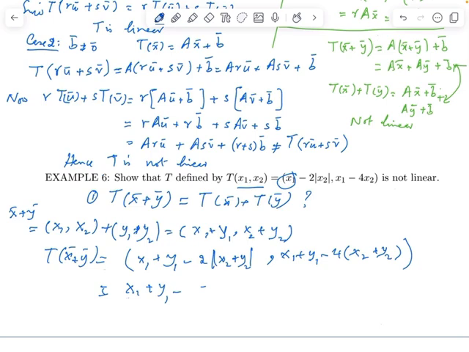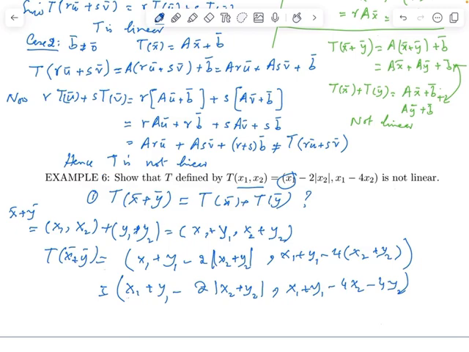If we want, we have to write the absolute function as a piecewise function, but we are not going to do that over here, so we leave it like this. Comma. Here I can distribute the negative 4, so I get x1 plus y1 minus 4x2 minus 4y2.